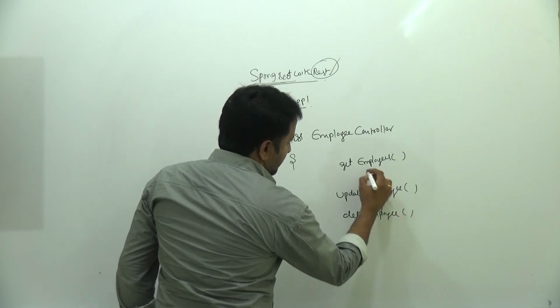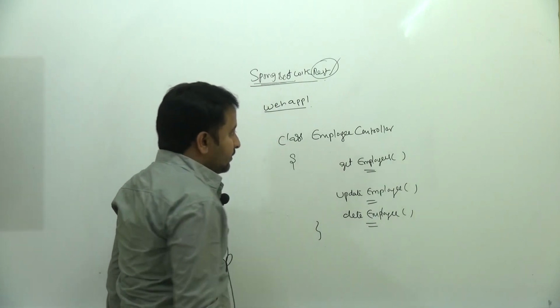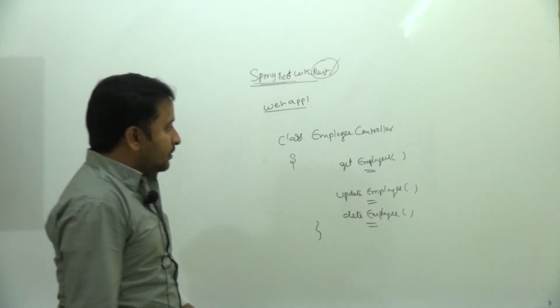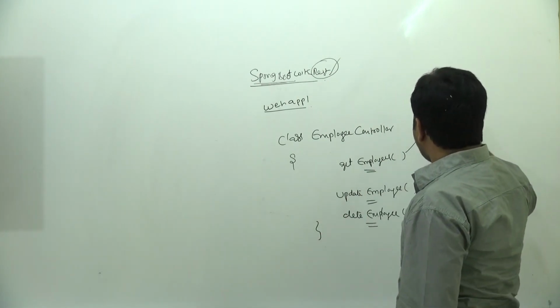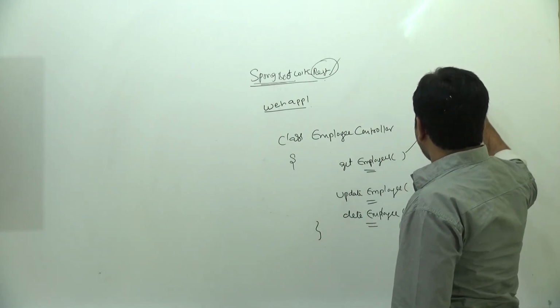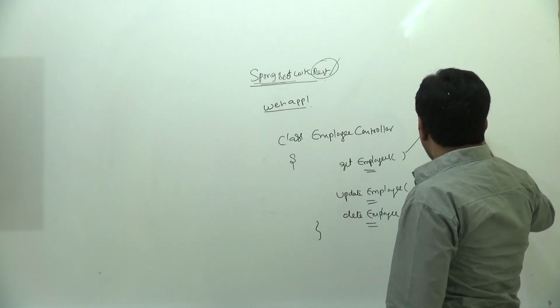These are the functionalities for an employee, and they are nothing but different kinds of endpoints. This is one HTTP endpoint, this is one more HTTP endpoint.